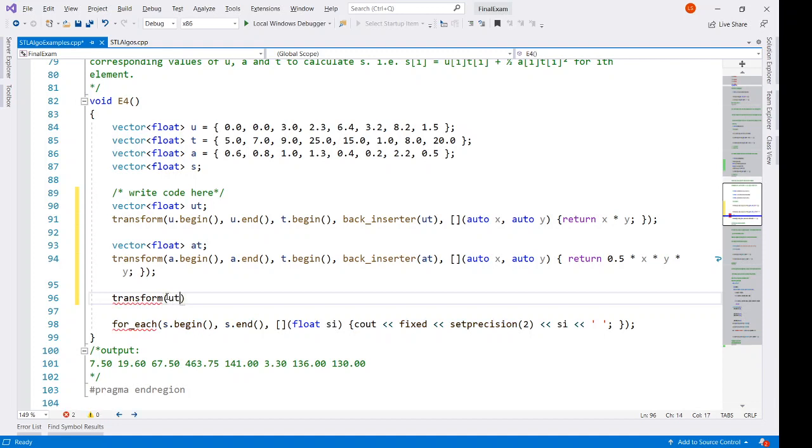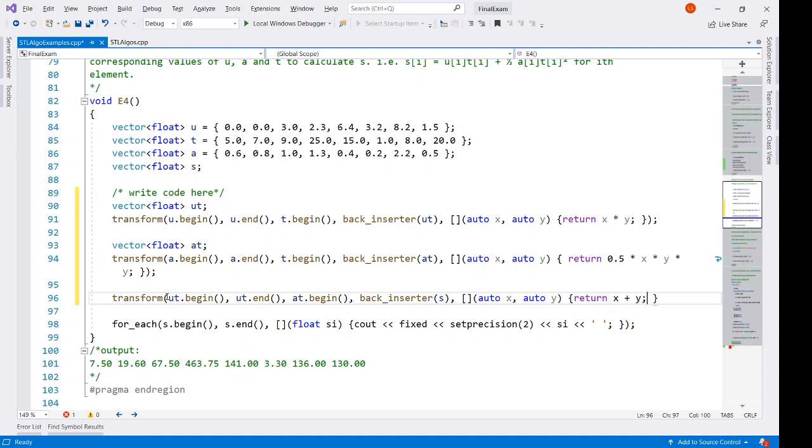We want to transform ut from begin to end as well as at from begin, and put the result in the s vector, and we have a lambda predicate which will just sum these values, return x plus y, and that should do, right? So now doing these transforms, let's see what is the result.